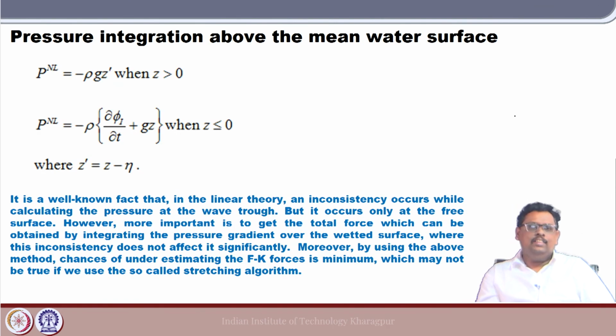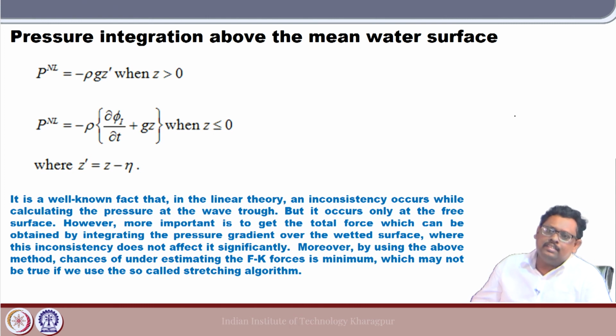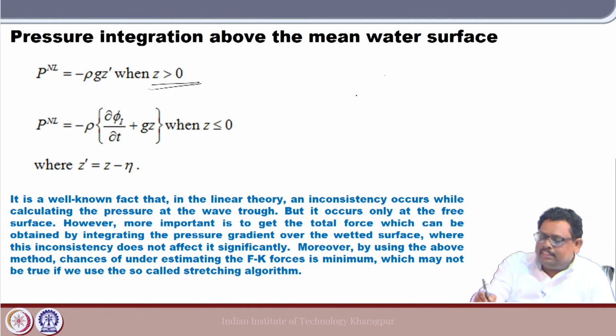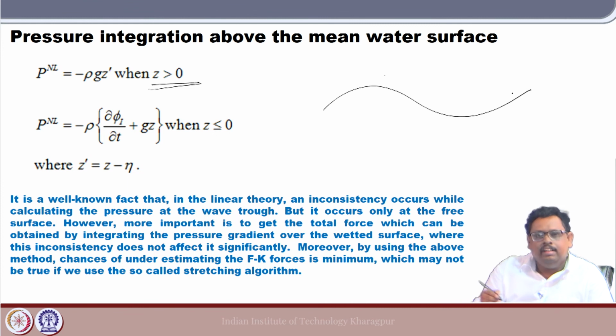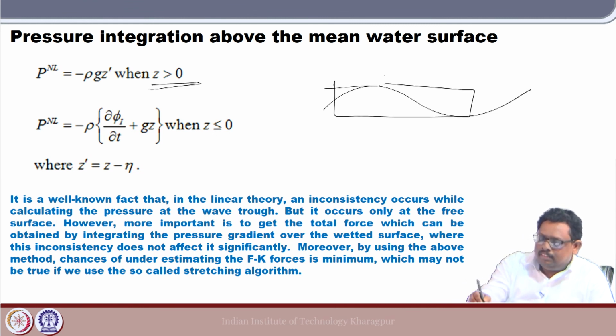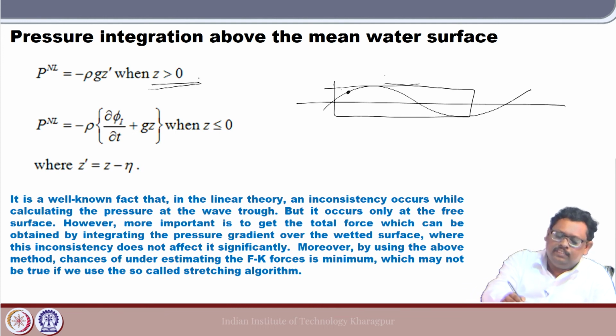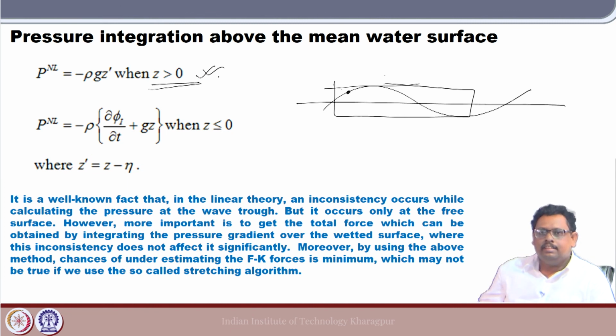we have to calculate the hydrostatic nonlinear pressure. We have already discussed the hydrostatic approach. Now, if that point has z greater than 0, for example, this is my wave elevation, and suppose this is my shape and this is the free surface. If that panel z point is here, I am using the pressure at this point as this.